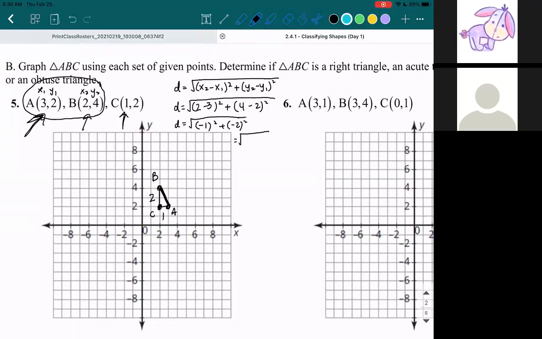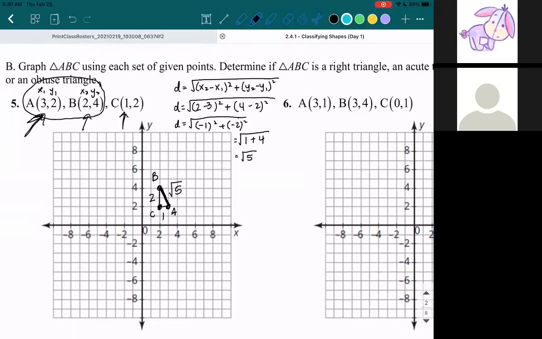Negative 1 squared is 1. Negative 2 squared is 4. And I'm just going to leave it as square root of 5. Okay, let's leave that as the square root of 5.